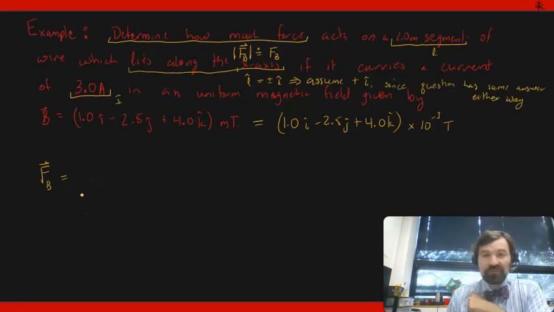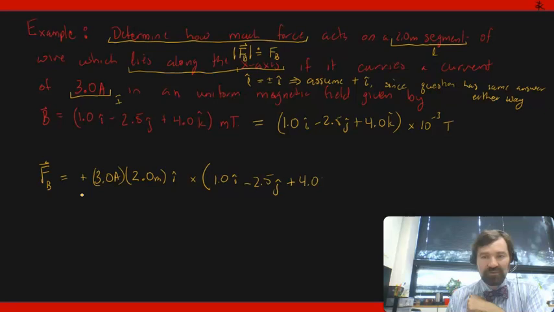That means that our force is going to be given by basically plus 3.0 amps times 2.0 meters i hat crossed with 1.0 i hat minus 2.5 j hat plus 4.0 k hat times 10 to the minus 3 Teslas.